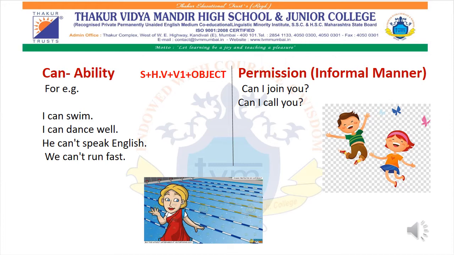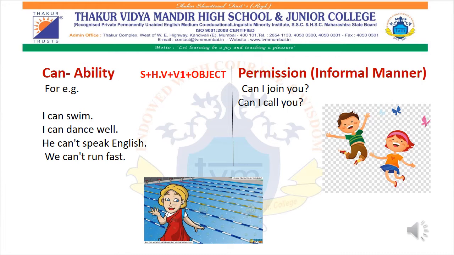Now it can also happen that we have a negative sentence. Then what do we have to do? Subject, helping verb. What is the helping verb over here? Can, right? Then we have to add not plus verb plus object.